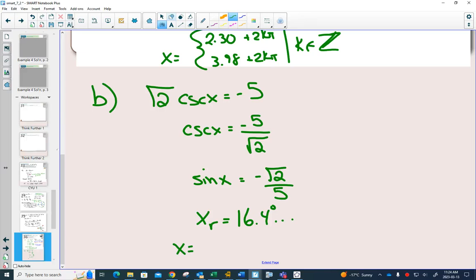So now, where is sine negative? In quadrant 3, 196 degrees, and quadrant 4, 344 degrees.